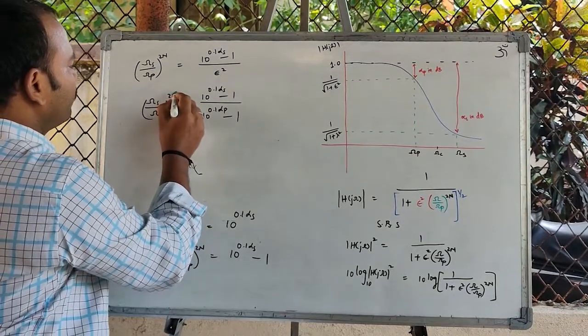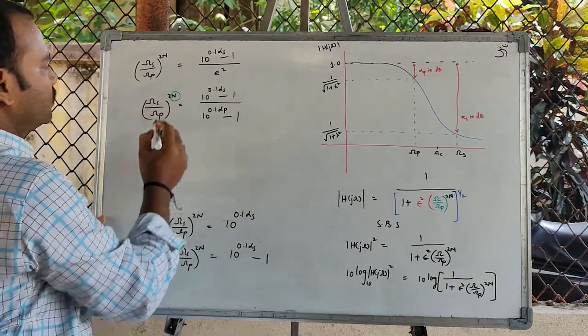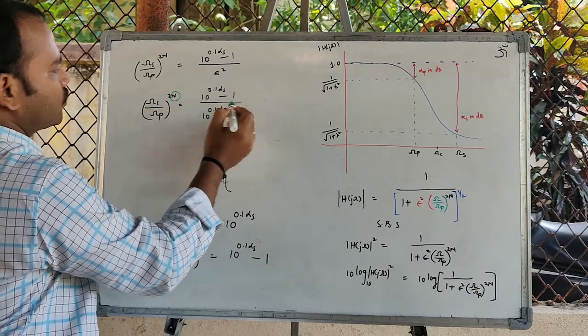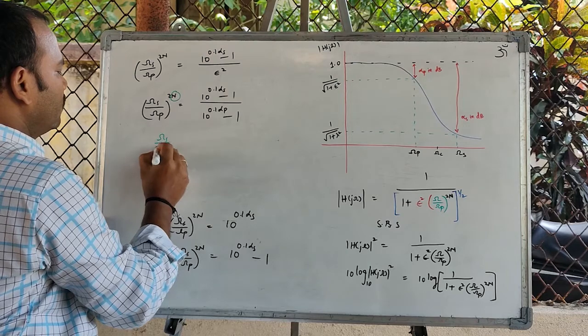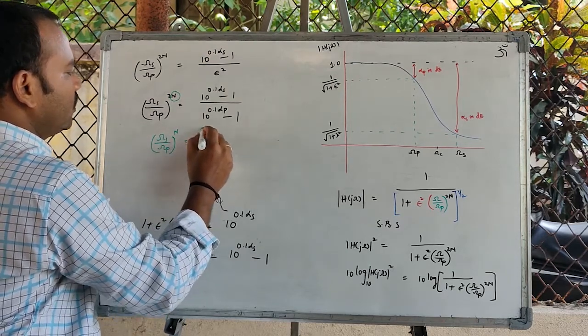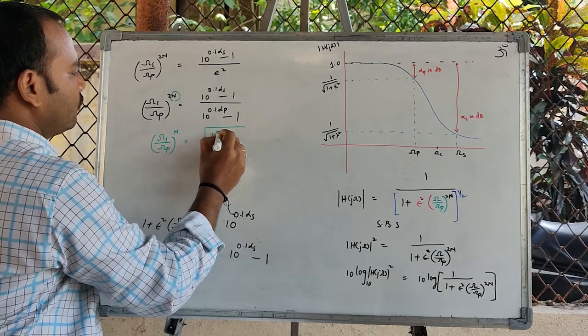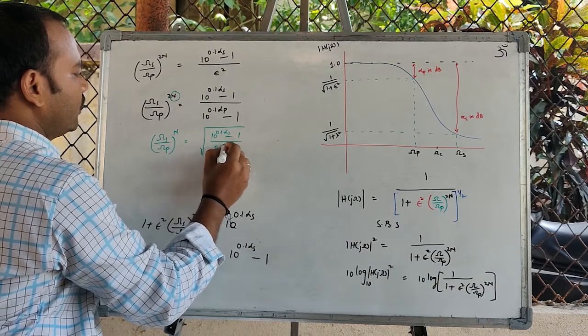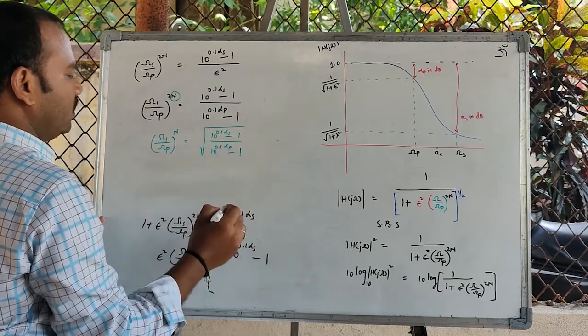We are interested in finding the value of N. So take this square from this side. If you move it to this side, it becomes square root. So (Ω s by Ω p) to the power of n is equal to under root of (10 to the power of 0.1 alpha s minus 1) by (10 to the power of 0.1 alpha p minus 1).